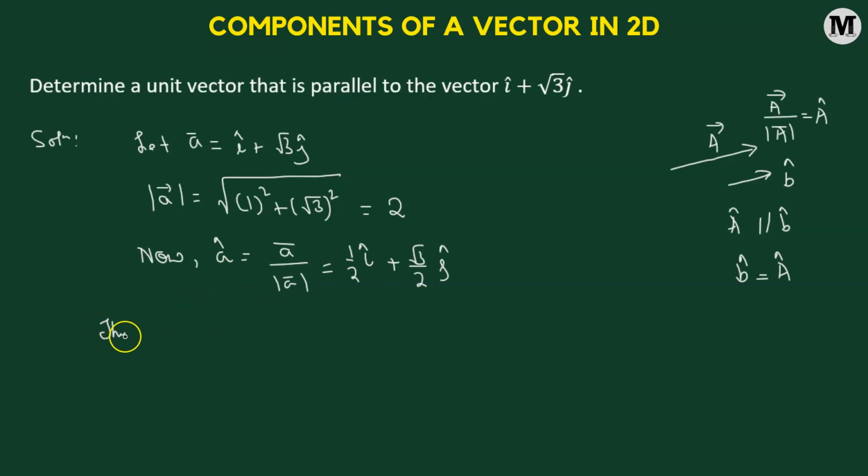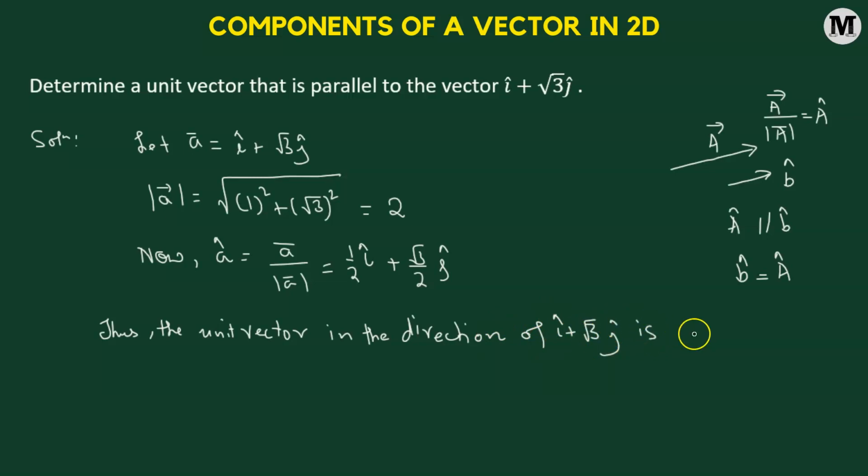Thus, the unit vector which is in the direction of the original vector i cap plus square root of 3 j cap is going to be given by 1 over 2 i cap plus square root of 3 over 2 j cap.